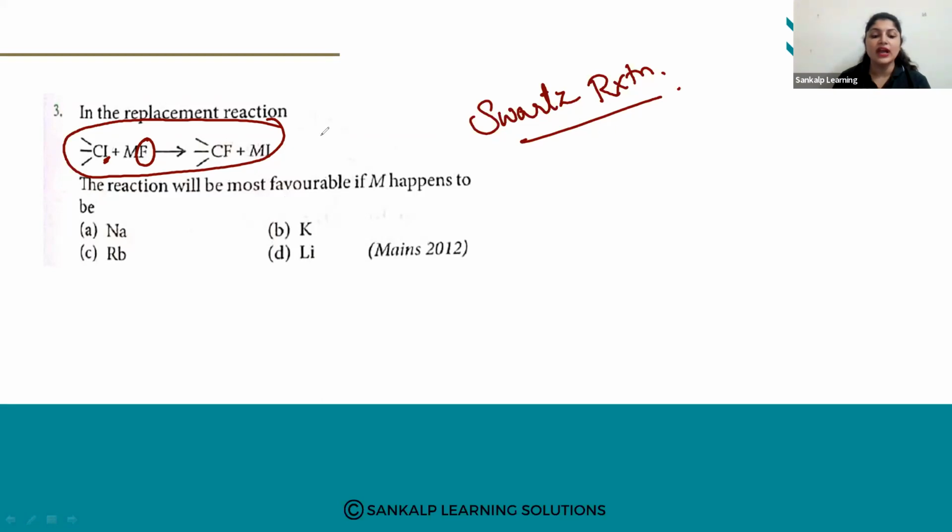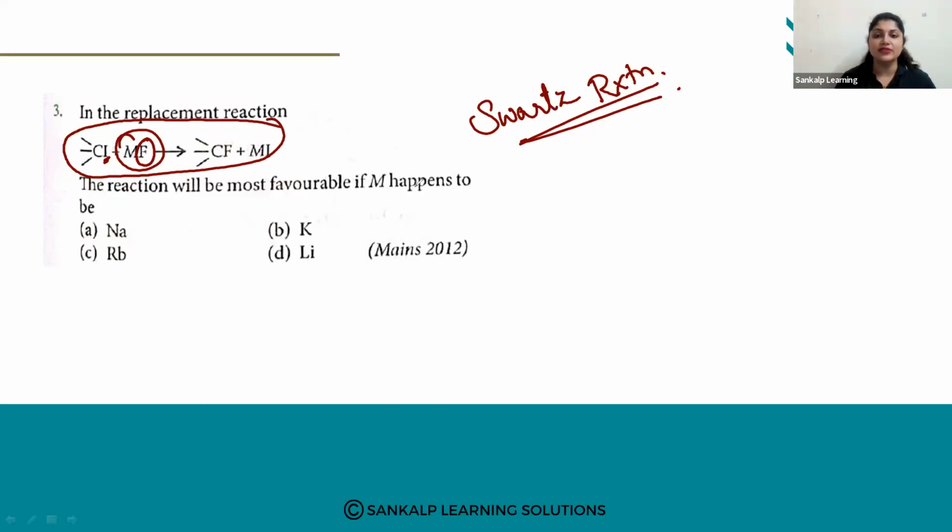For the Swarts reaction, we make use of highly soluble metallic fluorides, so the metal should be of large size. Whenever the metal is of large size, it will be more soluble.